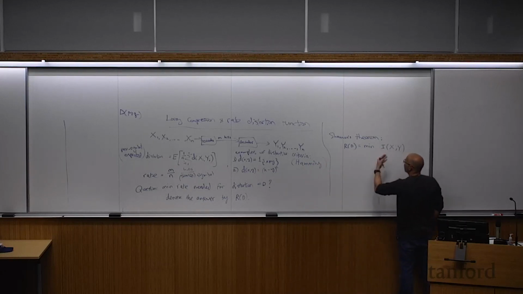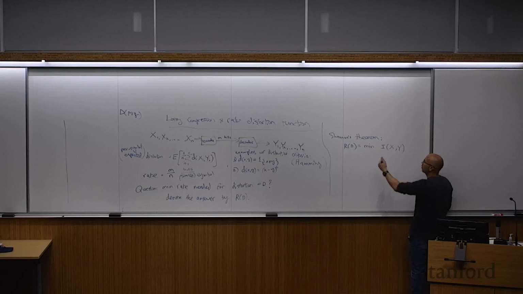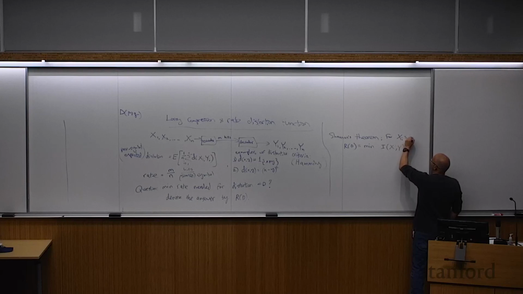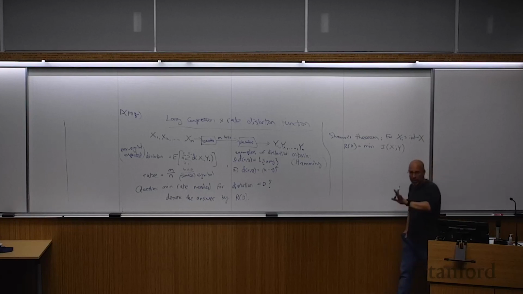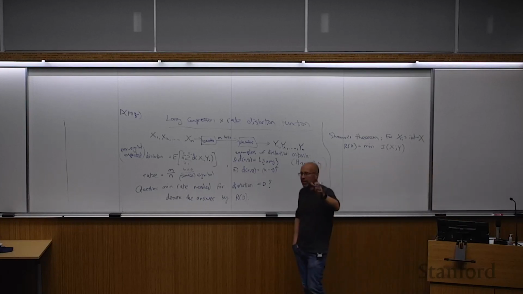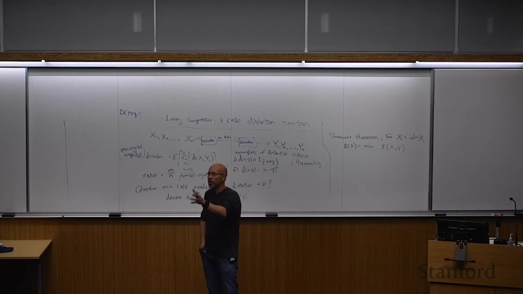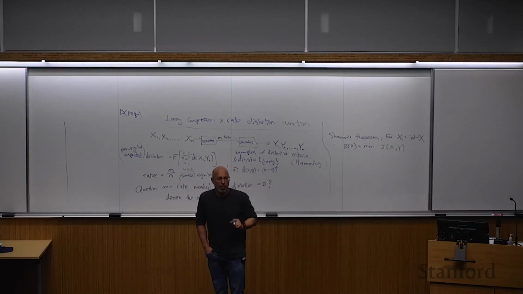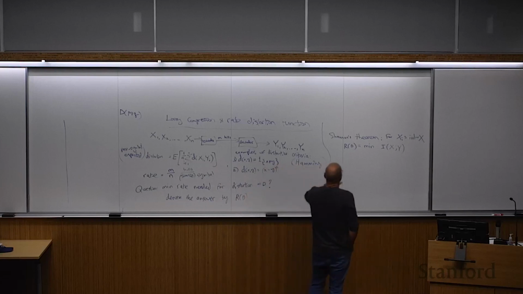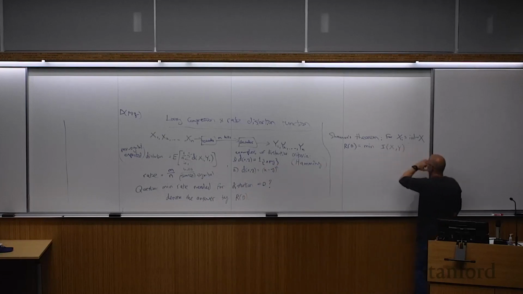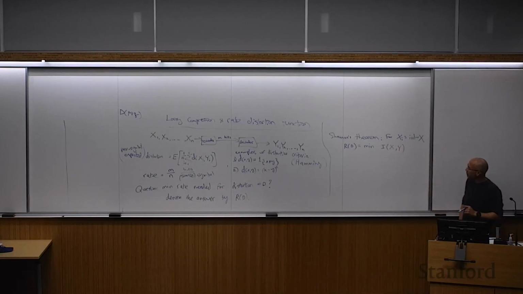So Shannon's theorem for IID source, so if the xi's are IID according to some generic x, right? Just like in lossless compression, we know if the xi's are IID according to some generic x, then the minimum rate that you need for lossless compression is the entropy of x. So here, let's again assume the xi's are IID according to x.